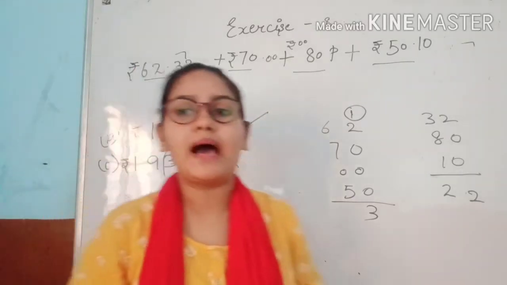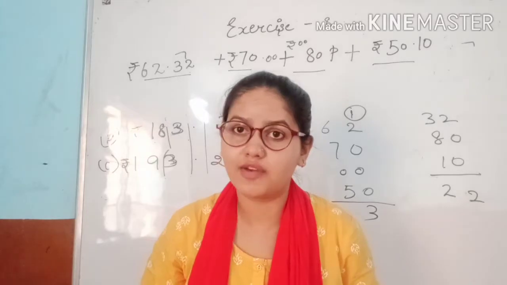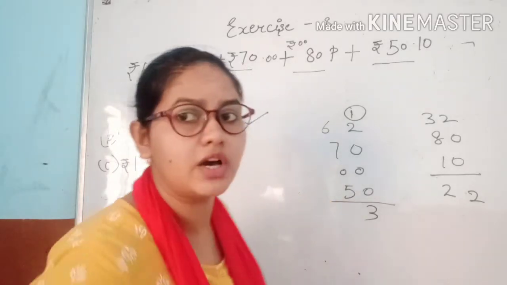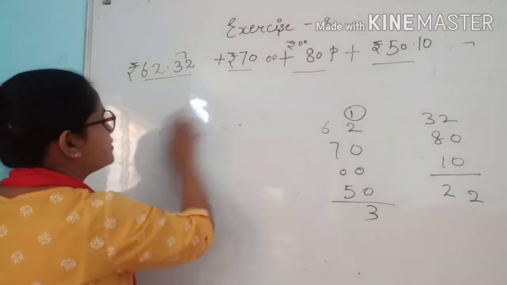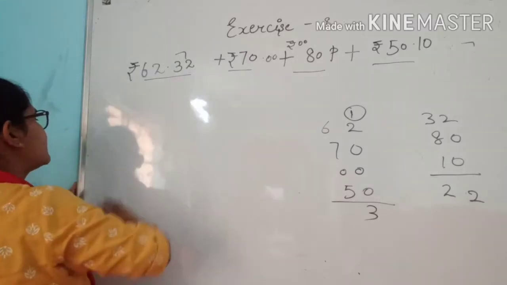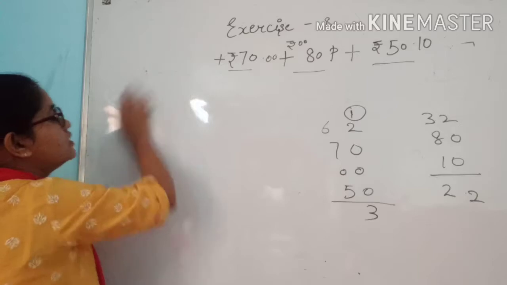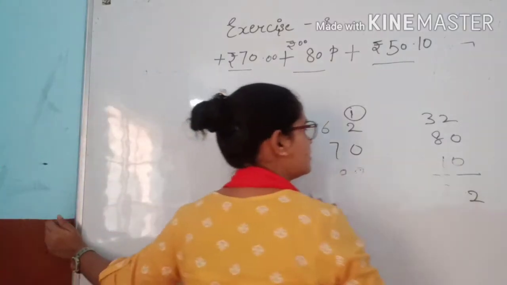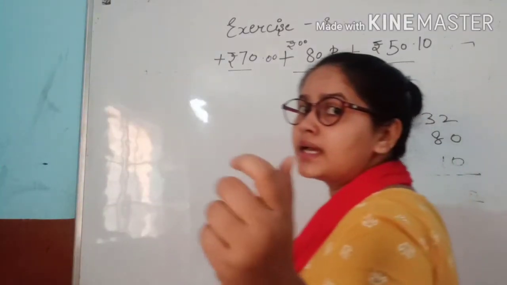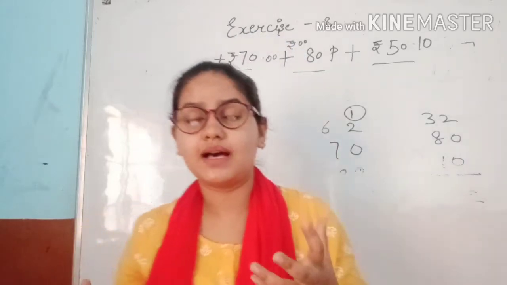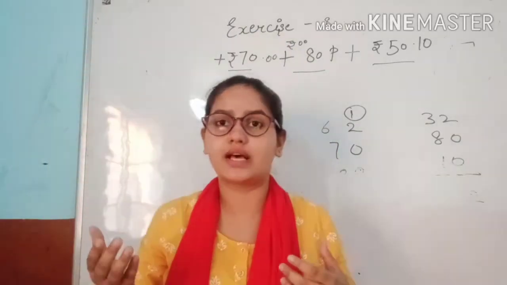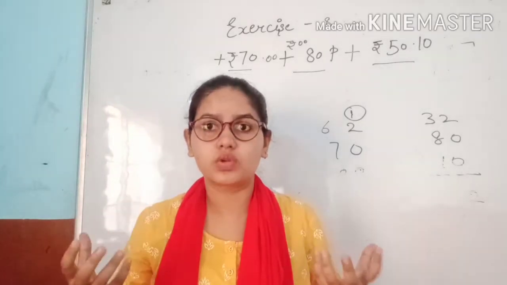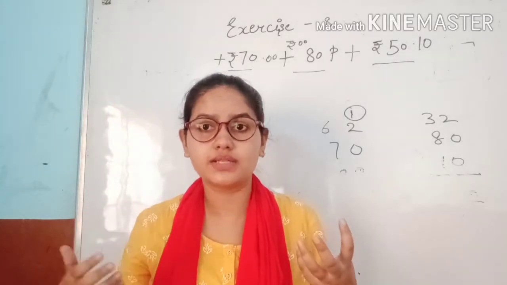So by this kind of method you have to solve your sums. So students, be prepared for these kinds of exams, because these are very important for us. Okay, so we have done this. Firstly, just add the paisa. When we add the paisa, you can see the answers are given to us in your equation.